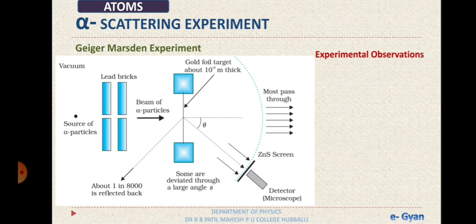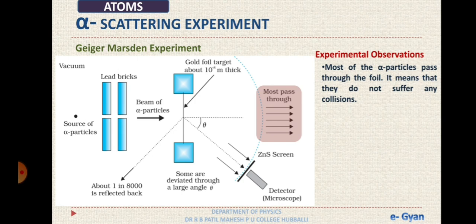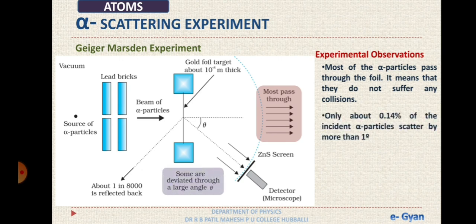Now, what was observed on the basis of this experiment? It was seen that most of the alpha particles pass through the foil, which means that they do not suffer any collision with the matter. Only about 0.14% of the incident alpha particles scatter by more than 1 degree.